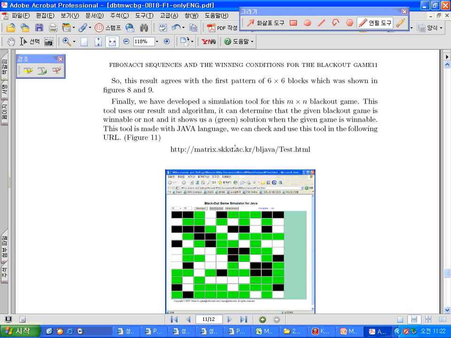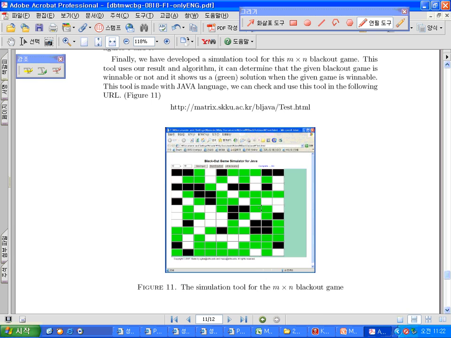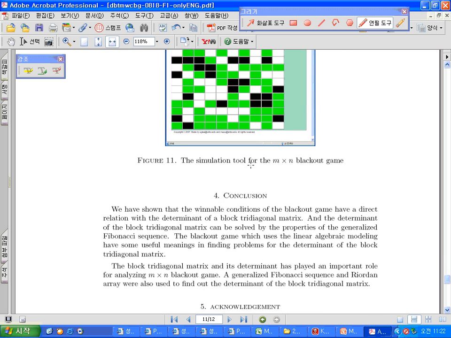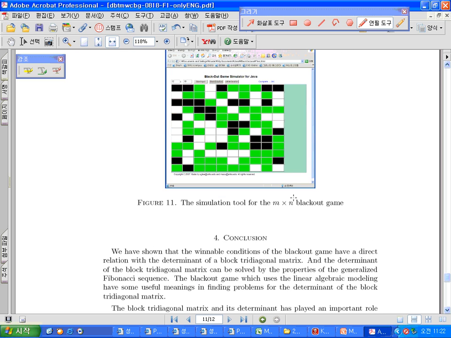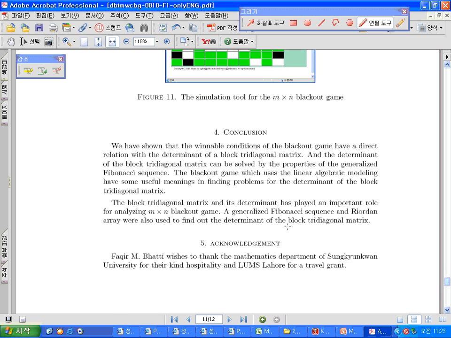With this, we developed the simulation tool for the N by N Blackout game that you saw, and we also added the case of the singular matrix of the given N by N Blackout game.